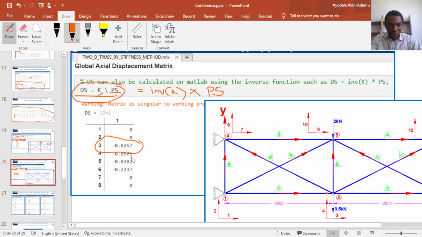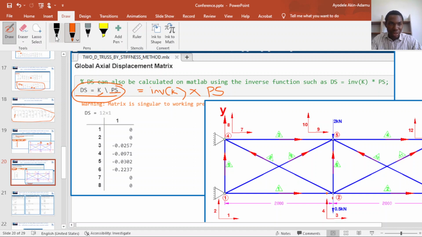And at degree of freedom 4, at node 3, minus 0.0971. Because of this negative value here, it means that the node moves downward by 0.0971. So this node moves downward.